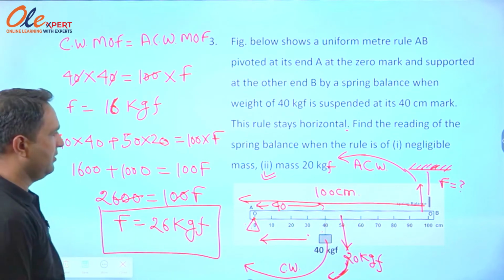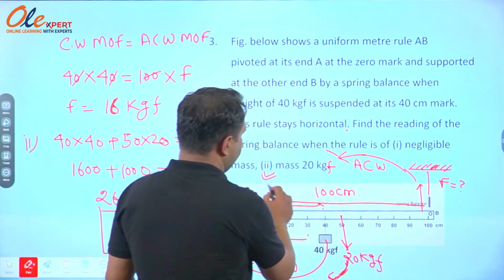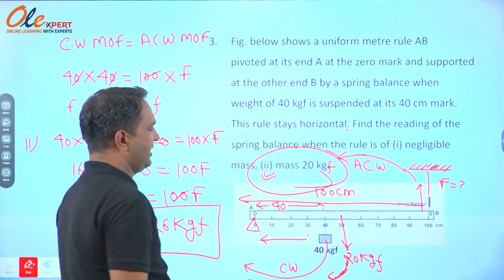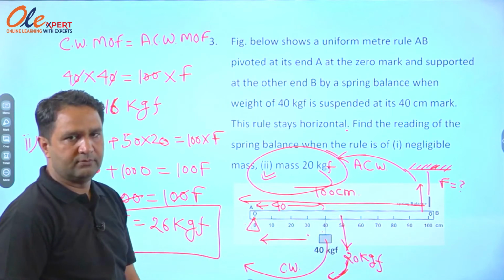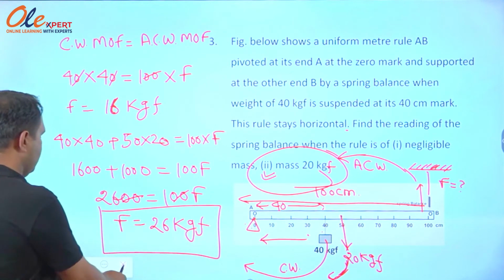So this will be the force in the second condition when a mass of 20 kgf is considered of this meter rule. Got it? So moving on next.